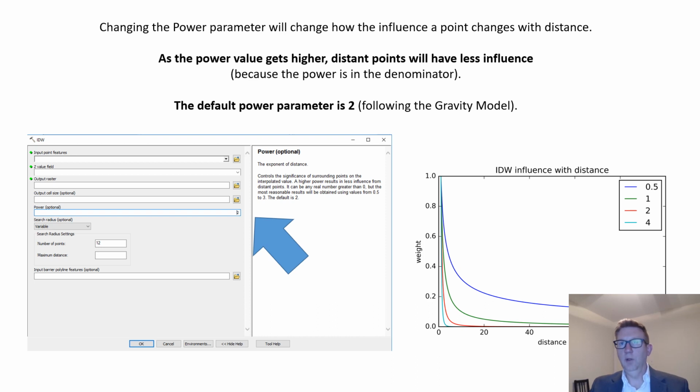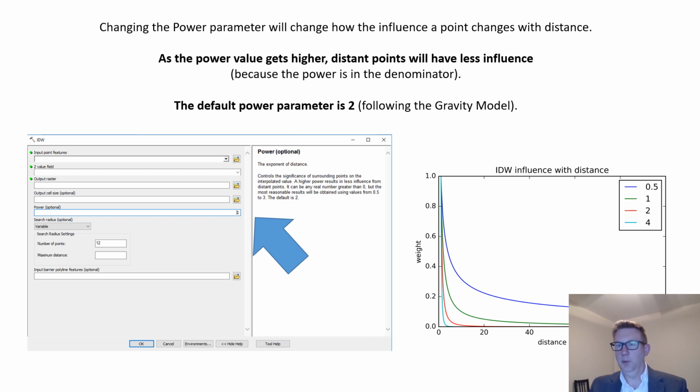This is an example of seeing how changing the distance parameter, or the distance exponent, affects the weights. So if we use 1, we get something that looks like the green line. If we set that exponent to 0.5, or the square root, it doesn't diminish quite as quickly.